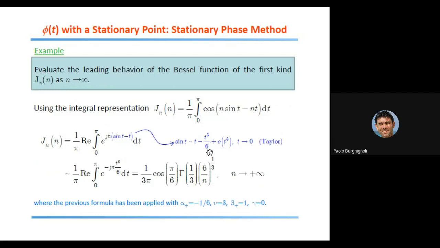If you do that, the t term here is cancelled by this t term there, and you end up with an exponential in which in the exponent you only have the term t to the third power over 6.